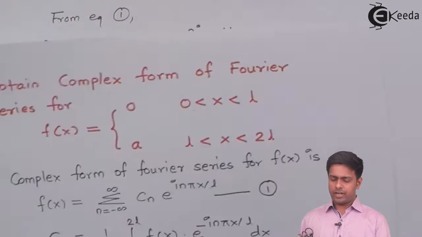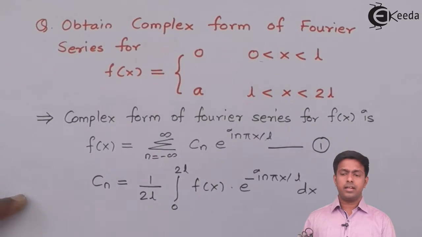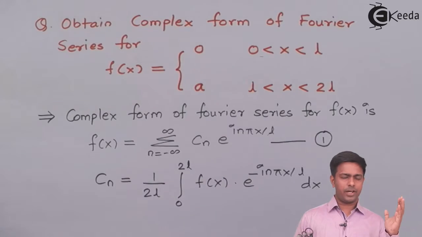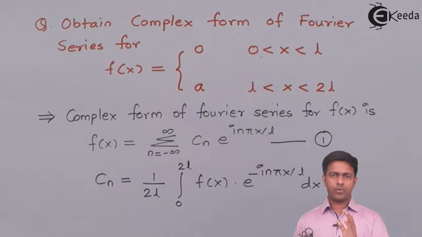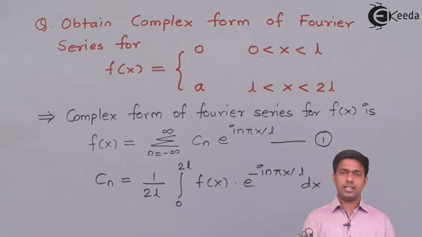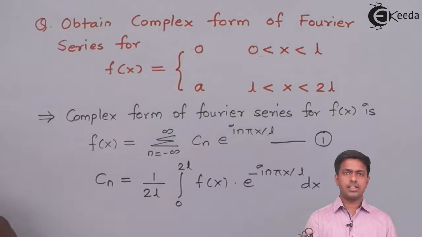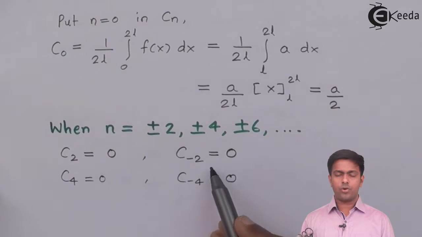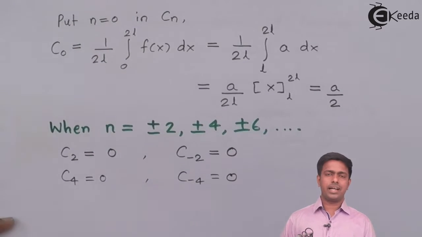So guys, after negative 3, let's come ahead, let's put the value of n as negative 2. From negative 3, we get the value of negative 2. But for negative 2, we got the value of Cn as 0. Here I'll show you that for n equal to minus 2, we got 0. So we will not write that term.